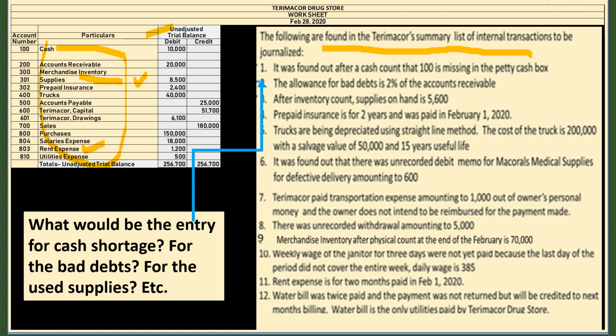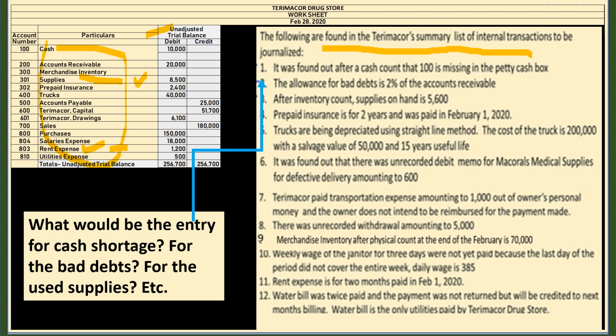Therefore, this is using the expense method of recording transaction because the expense account has been debited. So, in this case, the expense has already been debited. So, we're going to record the asset, what remains unexpired at the end of the period.